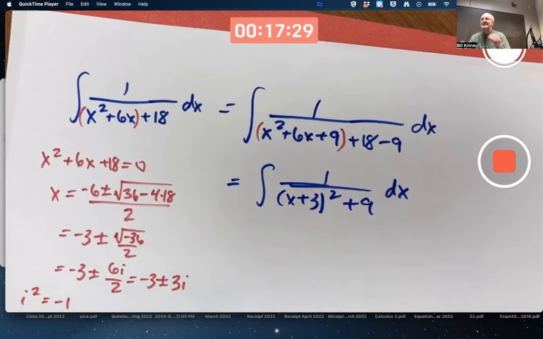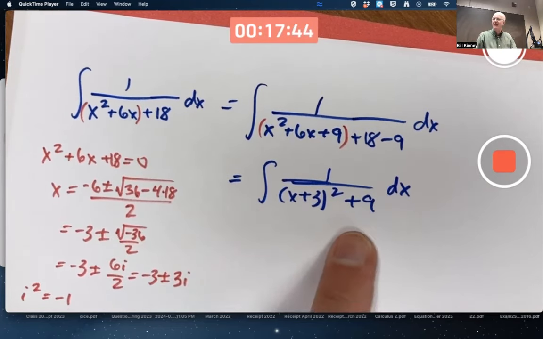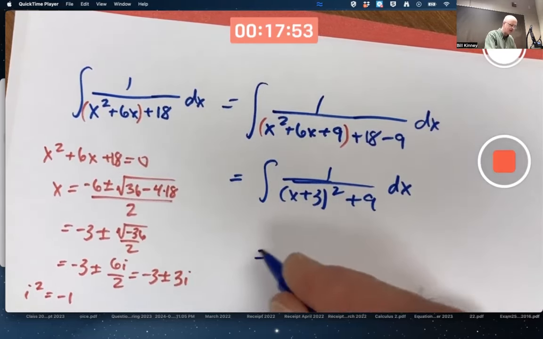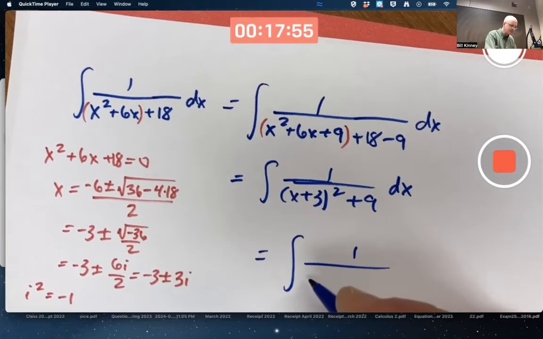But because of this, it's starting to look like it might be related to the integral of 1 over 1 plus x squared. Maybe the answer involves inverse tangent. Yeah, it does. Oh, but what about the plus 9? And what about the fact that it's an x plus 3 instead of an x? We can deal with those things. A little bit more tricky math. We can factor out the 9.